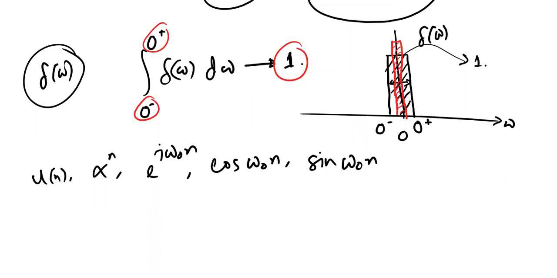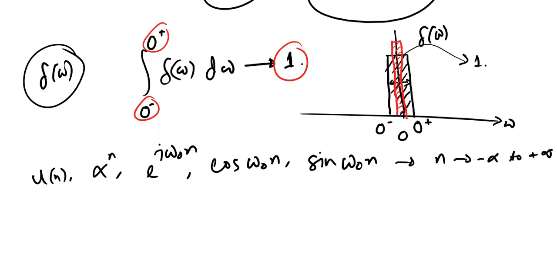Basically, for all those five sequences, the time index n goes from plus infinity to minus infinity, or minus infinity to plus infinity. They are all not summable functions, because you have an infinite number of terms for all the functions.